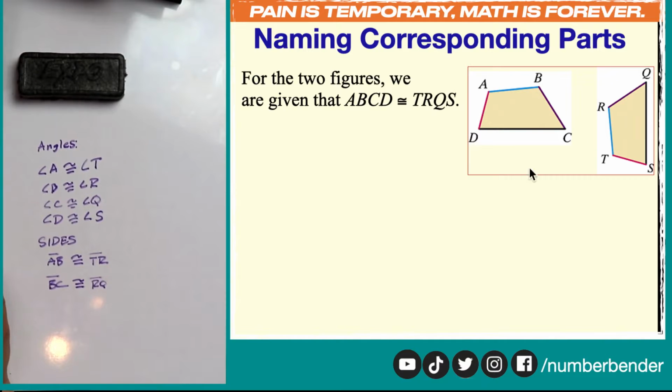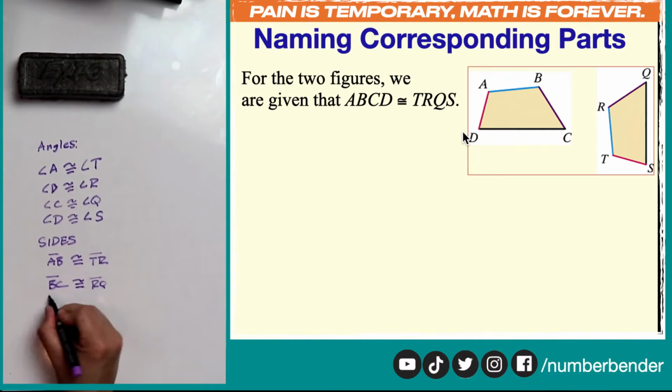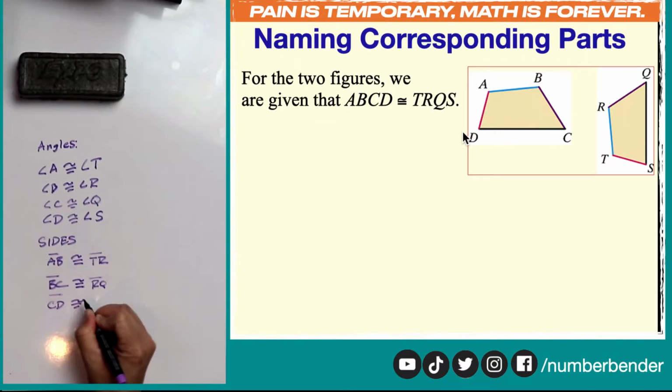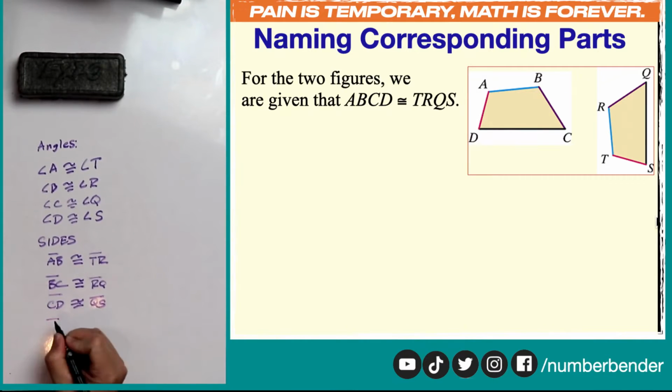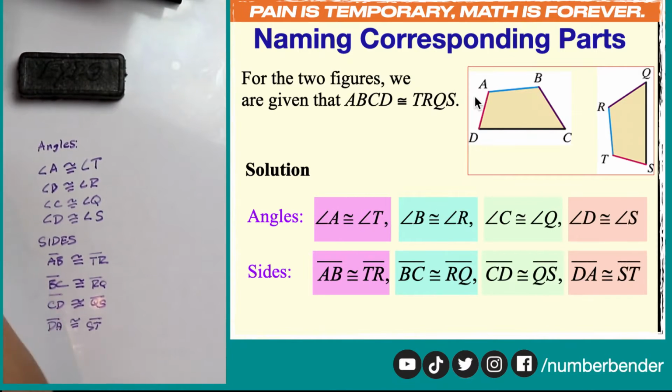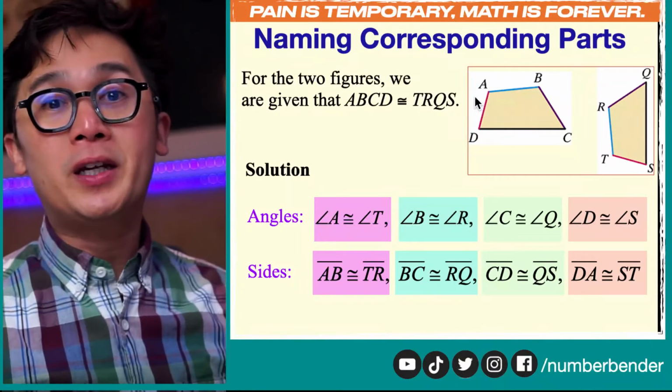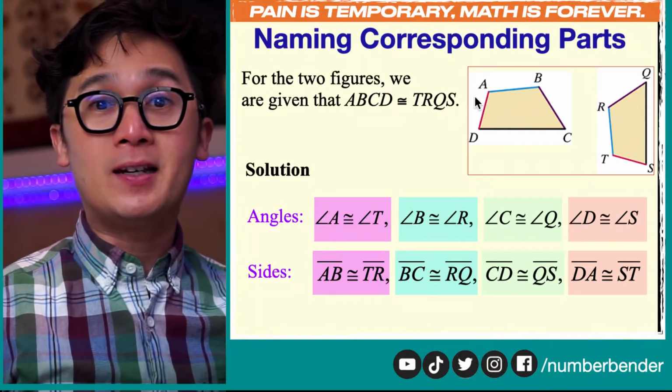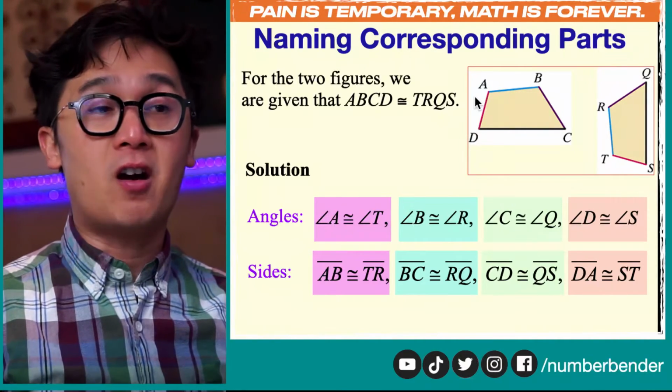CD is corresponding to QS. And the last segment, DA, is congruent to line segment ST. So this is how we write out our notation for congruency of our corresponding parts, because we know that trapezoid ABCD is congruent to trapezoid TRQS.